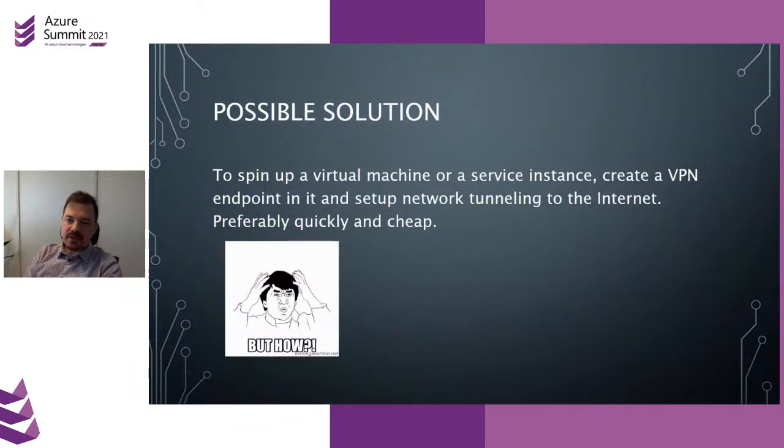Okay, so we decide to spin up a VPN solution inside our Azure account. What do we have to do? We have to spin up a virtual machine or service instance, create a VPN endpoint and set up network tunneling with the internet.